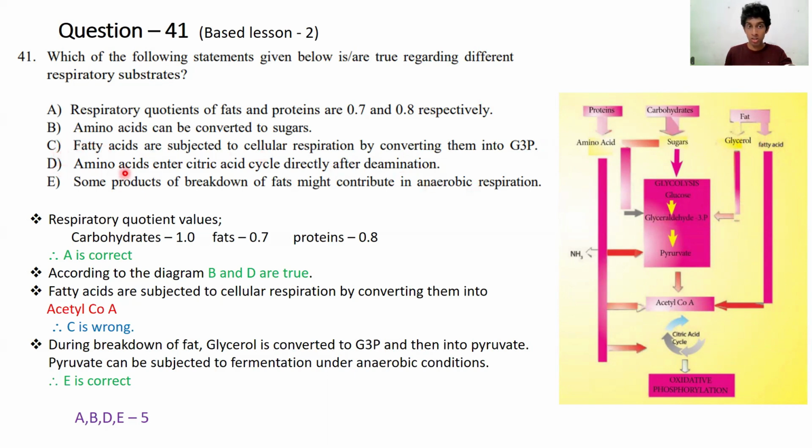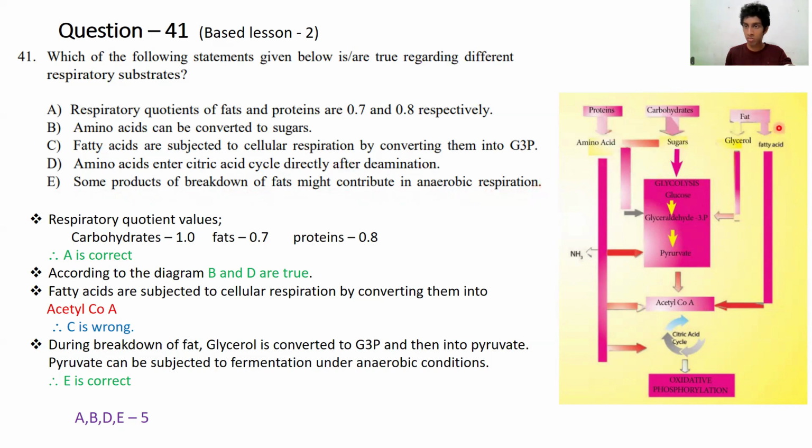D. Amino acids enter citric acid cycle directly after deamination. So, according to the diagram, you can see amino acids can directly enter the citric acid cycle after deamination. So, that's correct. E. Some products of breakdown of fats might contribute in anaerobic respiration. That's correct.